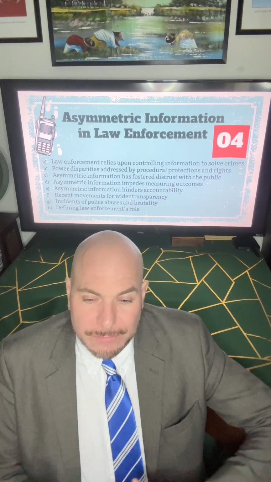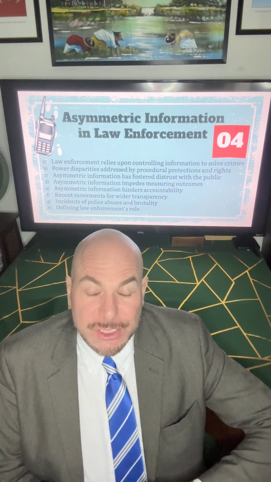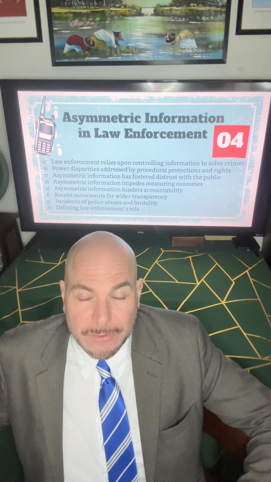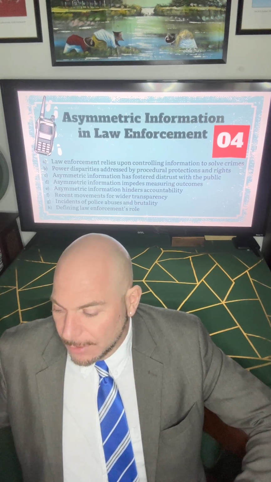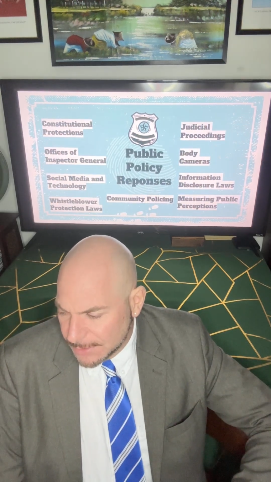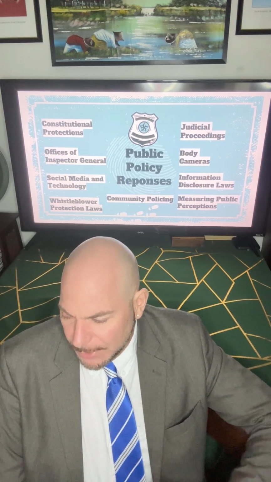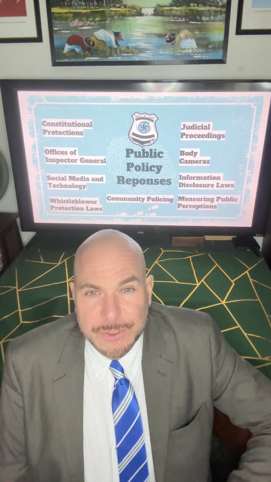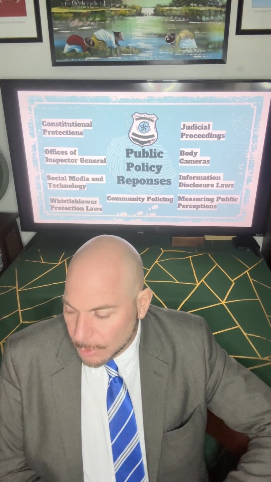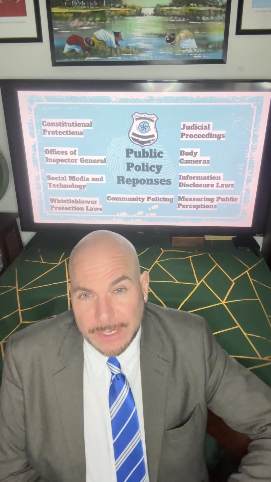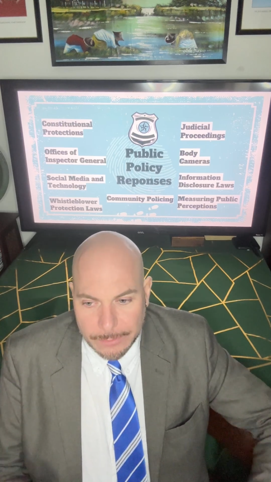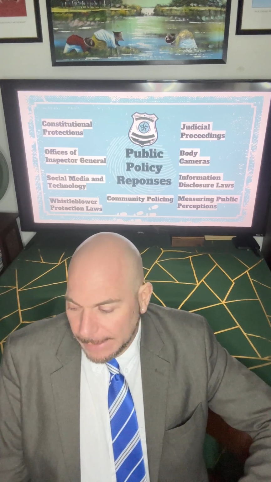And there have been a lot of changes since the Constitution was first written, and the Bill of Rights was ratified, but there's still a lot that needs to be done in modern times. And these are some of those things, some of the policy responses that can happen. There's, of course, constitutional protections, which are always being reevaluated by the Supreme Court and lower courts. You have offices of Inspector General, which offer oversight and also report on law enforcement activities.